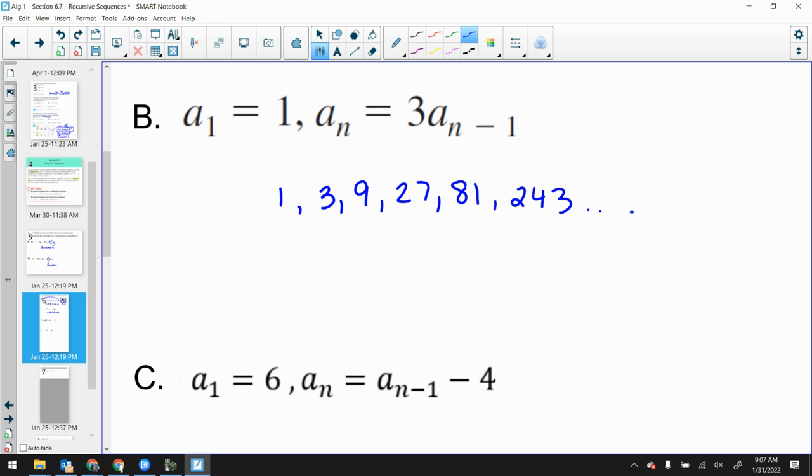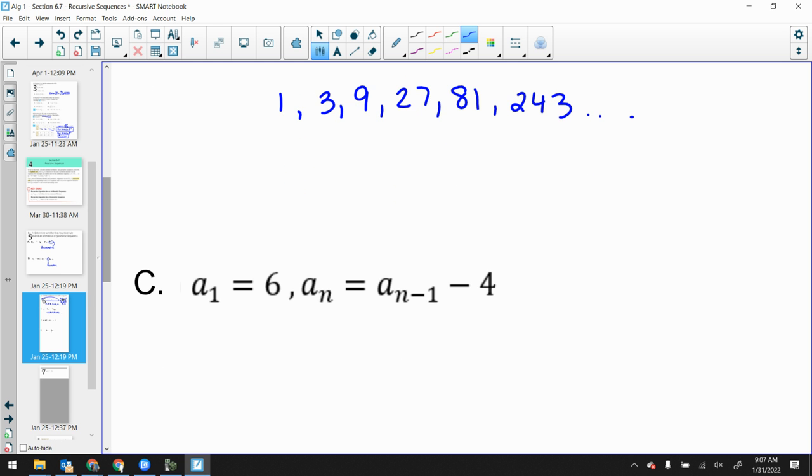How did I know it was times 3? Well, I looked at the rule. It was 3 times a sub n minus 1, 3 times my previous term. Looking at example C, is that going to be arithmetic or geometric? Example C is arithmetic, because of the minus 4.